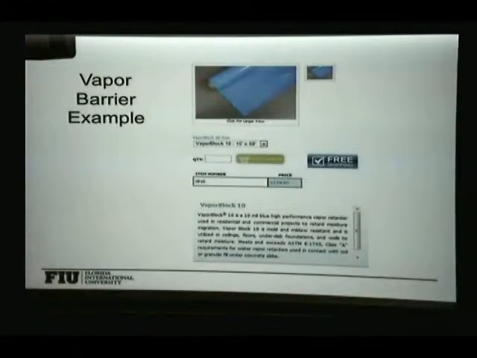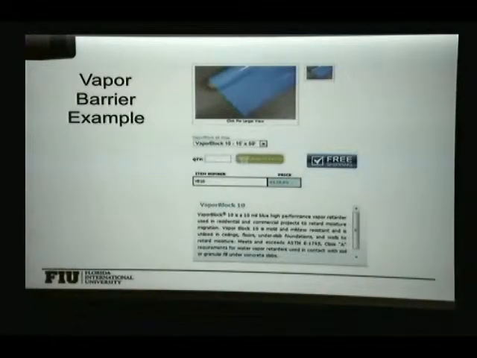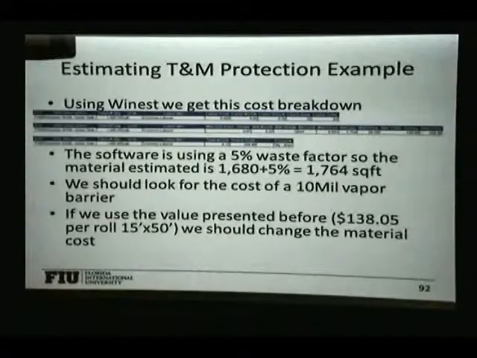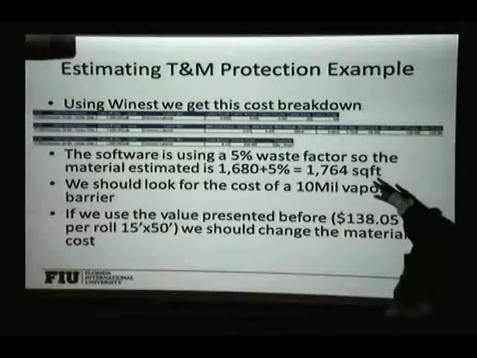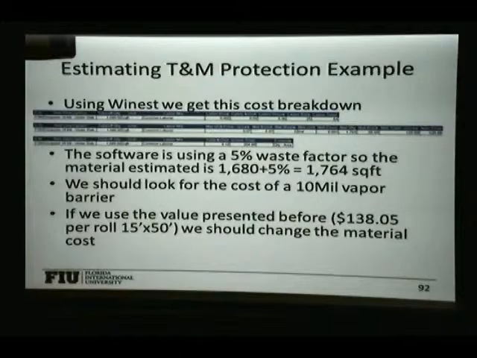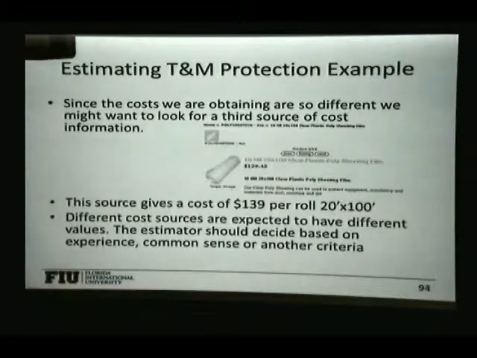So you estimate how many rolls you need, multiply by that number, and then you get your cost for materials, which is a little bit different from taking a cost per square feet and multiply by the area that you have and adding a waste factor. But both numbers should be quite close. Okay? Is that clear? Okay, very good.